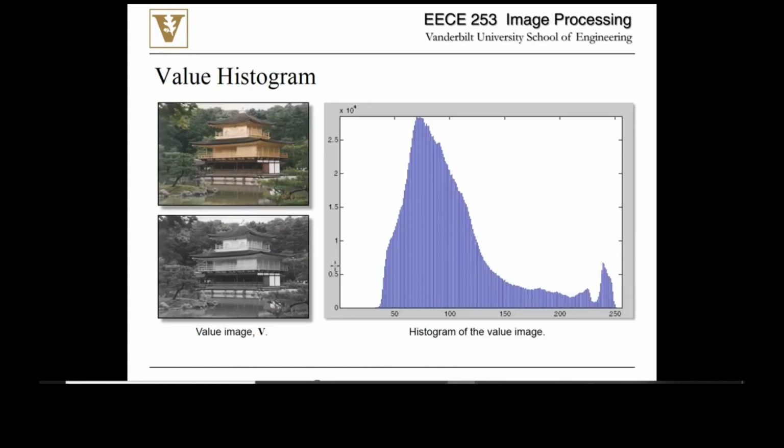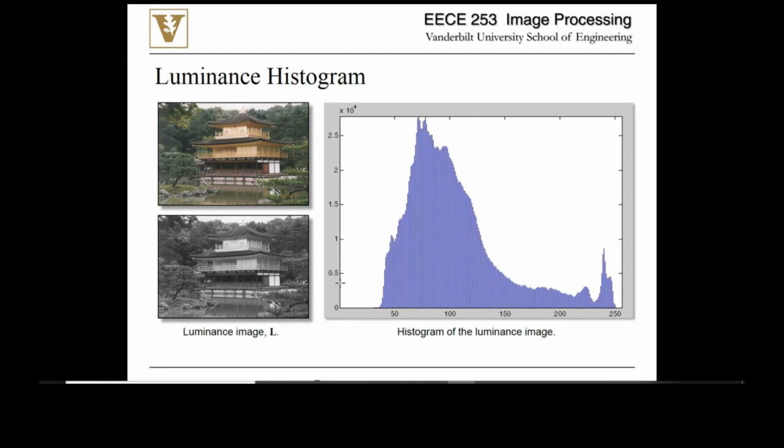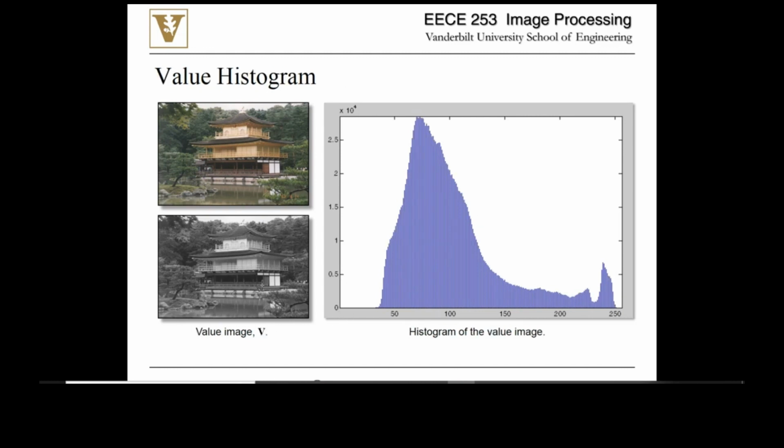Okay, so we have some examples here. We have an image, and we have the value image, that is just 1/3, 1/3, 1/3. Then we have the histogram of the value image, and then the luminance. If I go from one slide to the other, you see this is value, this is luminance.